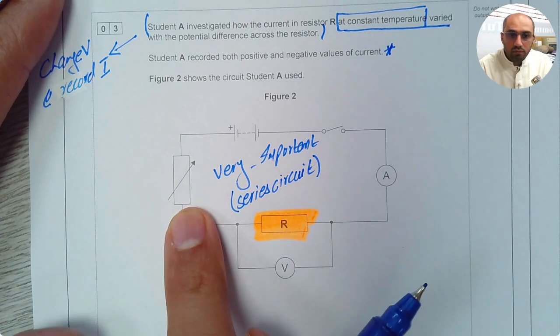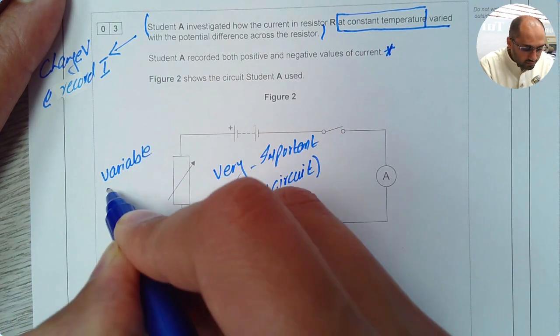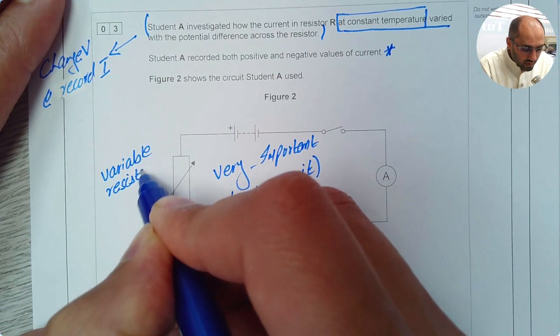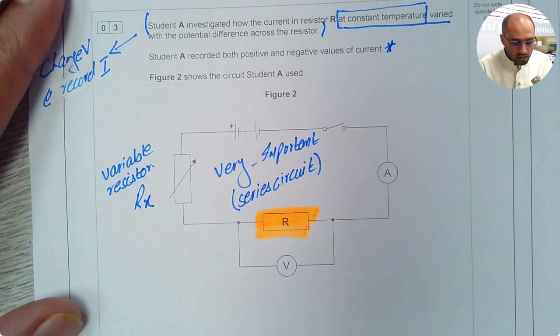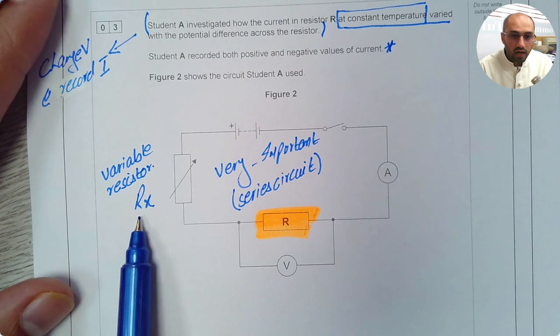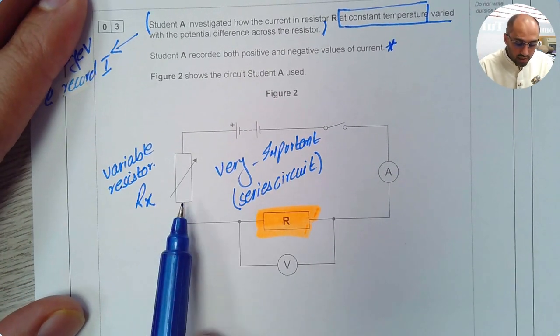I know this is my variable resistor, and I'm going to call it Rx. And I know because it's a variable resistor, the value of Rx can be physically changed. So it's a series circuit.